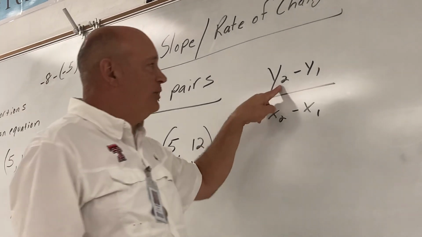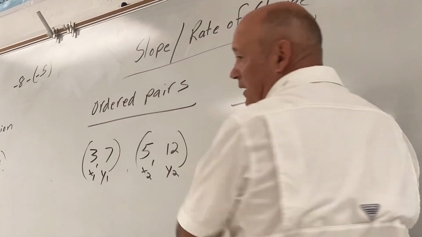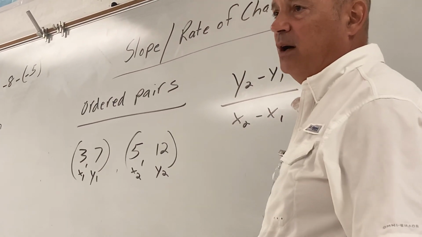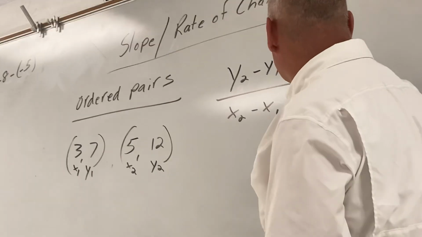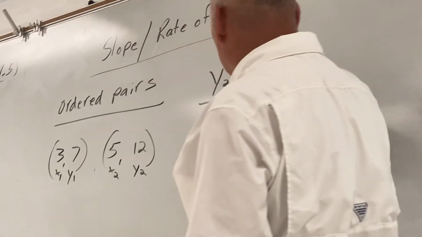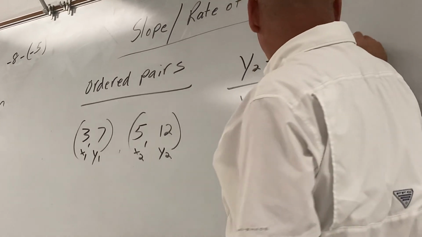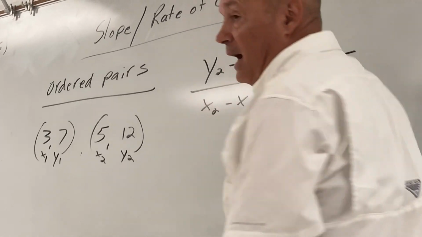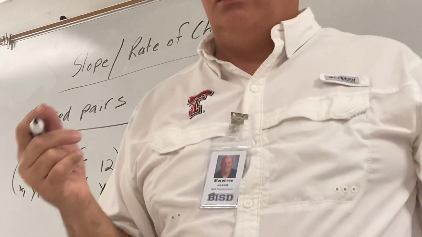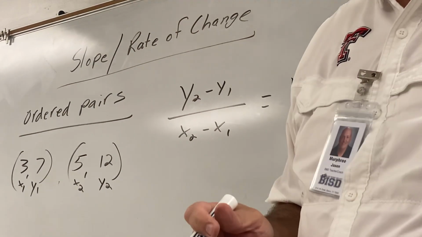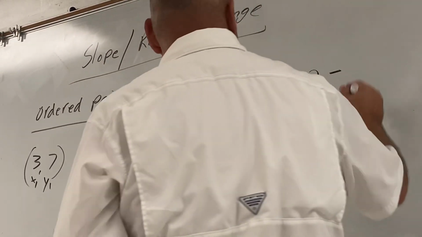So what number do I need to plug in for y2? 12. I haven't picked anybody. Yolette, what number is y2 over there? 12. We're going to subtract y1. Jinx, 7. Y'all agree with Jinx at 7? Yes.